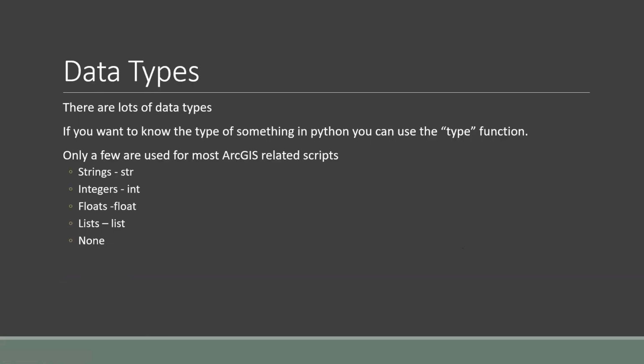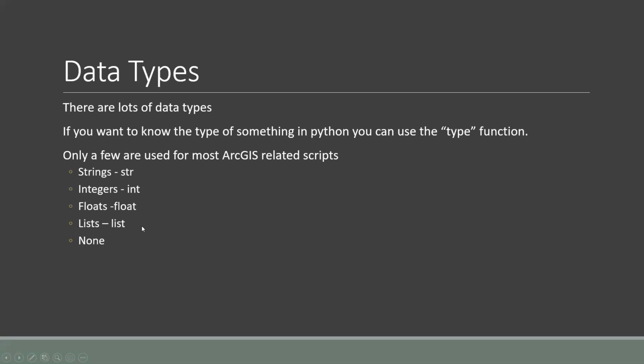So here's the basics of the basics. In Python, we have a number of different data types. And there's a lot more out there than what we're going to learn here. But frankly, there aren't that many that you'll need to necessarily know to get some utility for doing things in ArcGIS. And so we have strings, which I think you've already dealt with. You have integers and floats. Then you have lists.